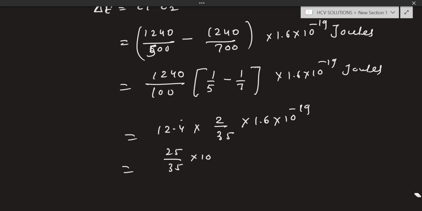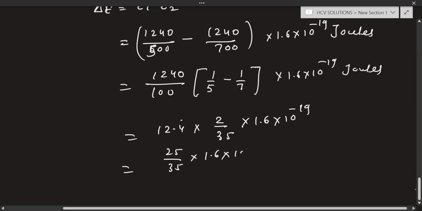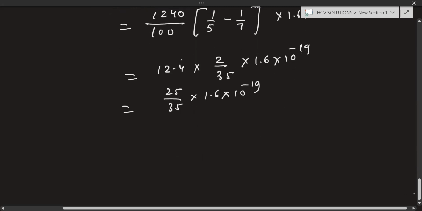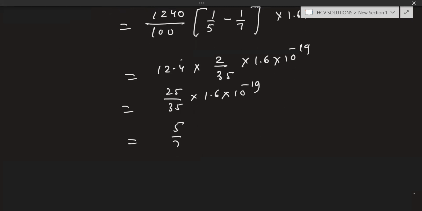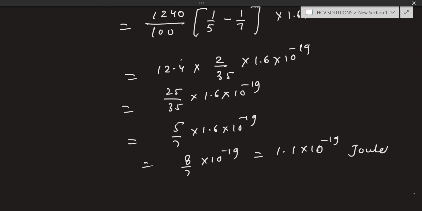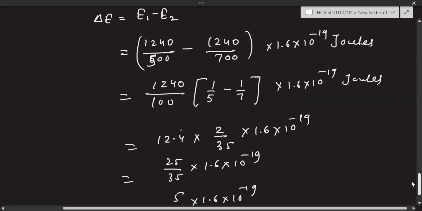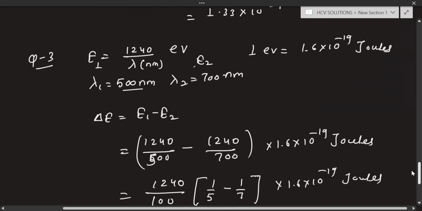That is almost 5 by 7, times 1.6 10 to power minus 19. If you multiply this, you will find almost 8 divided by 7, 10 to power minus 19. So if you solve this, you will find almost 1.1 10 to power minus 19 joules. So that is the energy absorbed. Whatever energy is lost by the photon is absorbed by the atom.